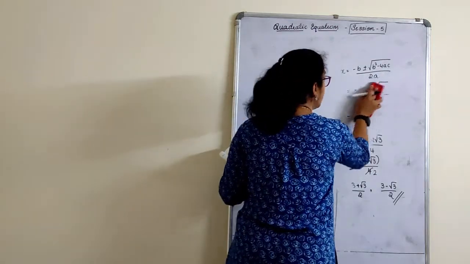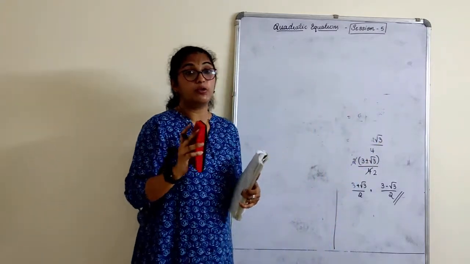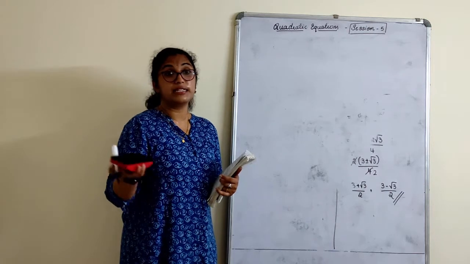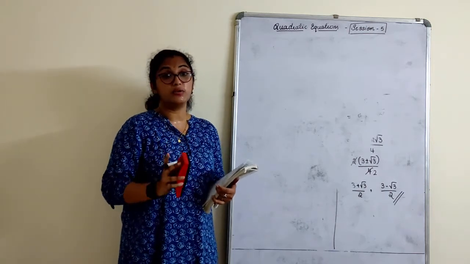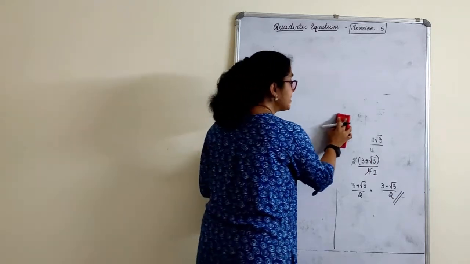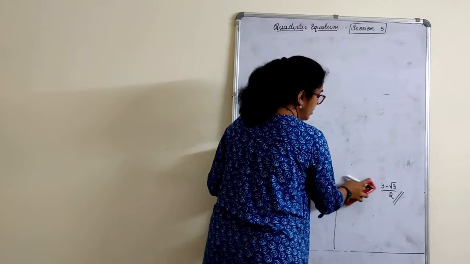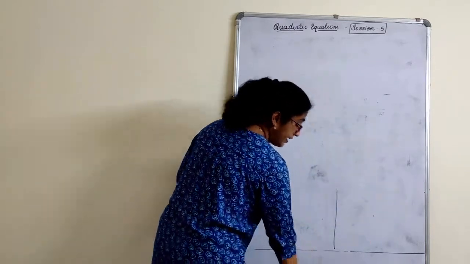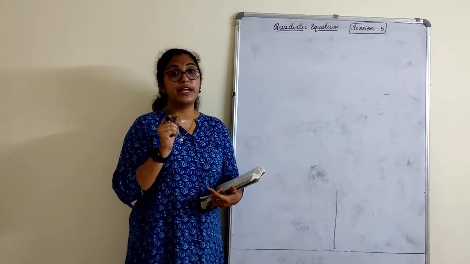Whenever an unknown is to be found out and the quadratic equation has equal roots, that means you can equate b square minus 4ac is equal to 0. Why? Because they have equal roots. That's the hint. It's always given like that. Any unknown value in the quadratic equation to be found out, the roots are equal. If they don't give equal, the question is wrong. So equal has to be given to find the unknown.